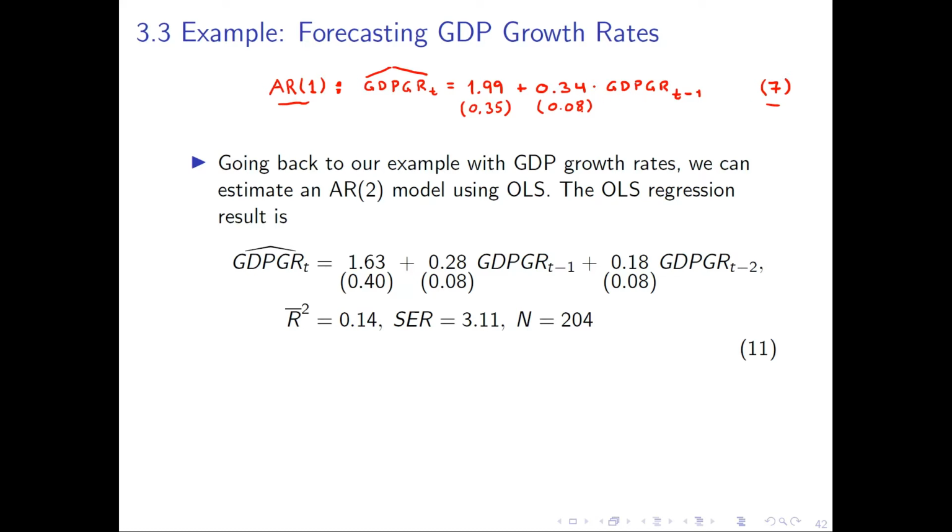And we can also estimate an AR2 model using OLS, and the regression result is here, and we see that the constant has changed a bit, and the coefficient on the first lag has changed a bit, and we have a coefficient on the second lag as well.